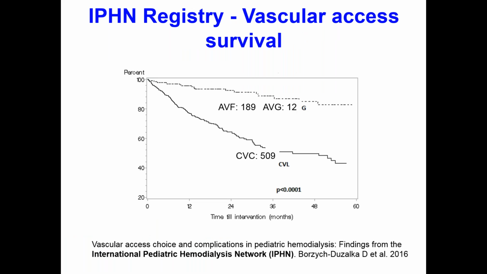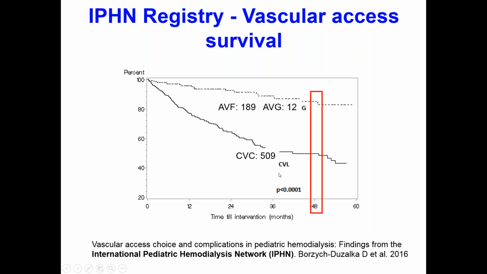The IPHN registry has looked at vascular access survival, and here you see at about 48 months, or 4 years, the survival from an arteriovenous fistula or graft is far superior to the survival of central venous lines.